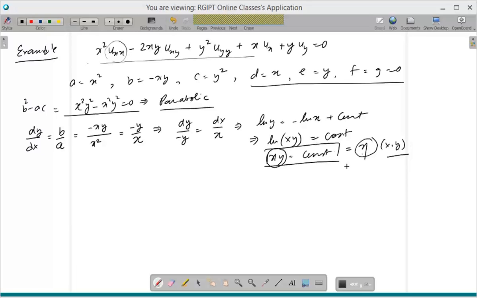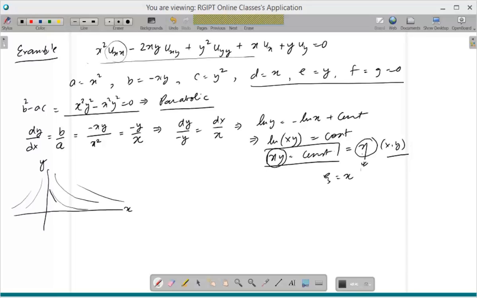Now note that my new transformation rule is only for eta. X is not changing, so zeta is the same as x. I'm not changing x, I'm only changing y. For example, I have x and y like this, and xy equal to constant gives these curves.